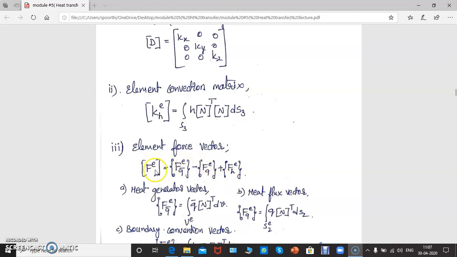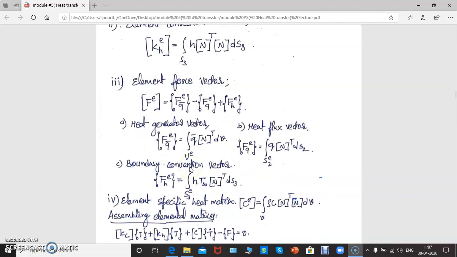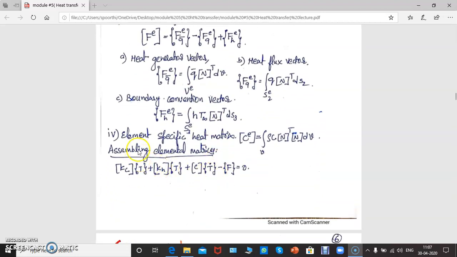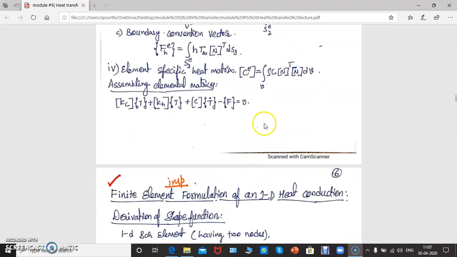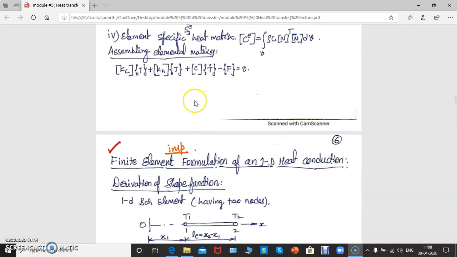So, that is F. Now, these are some of the equations that you should be aware of. Then, as usual, we assemble the element matrices and find the final equations. So, these are some equations related to the finite element method.